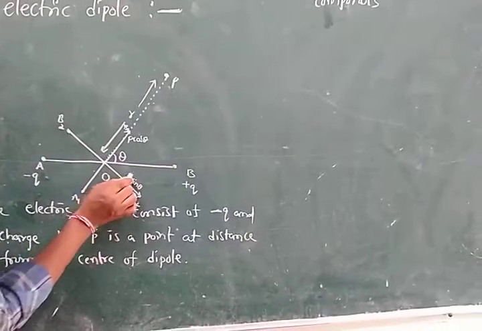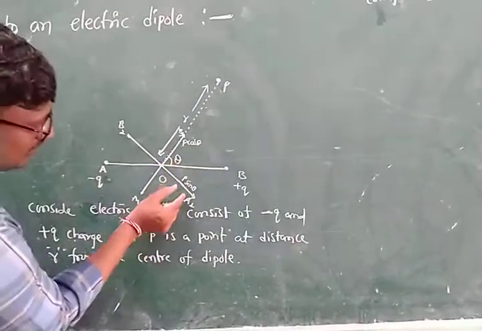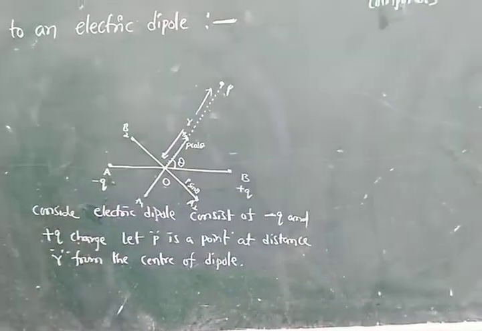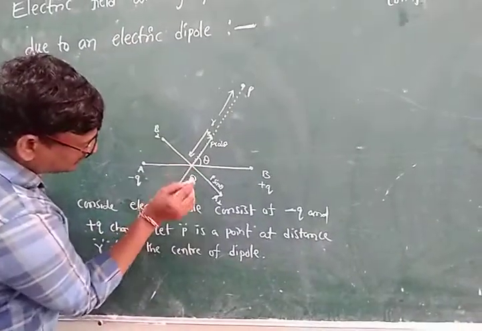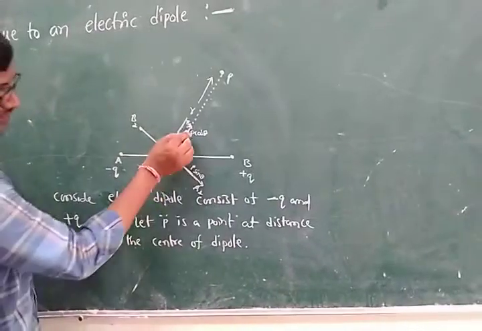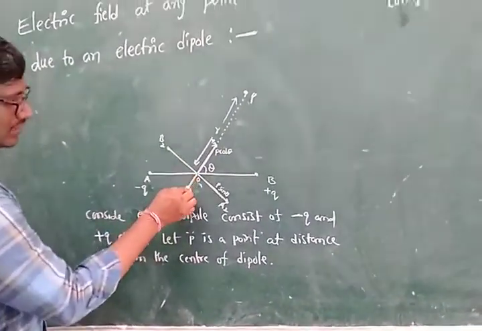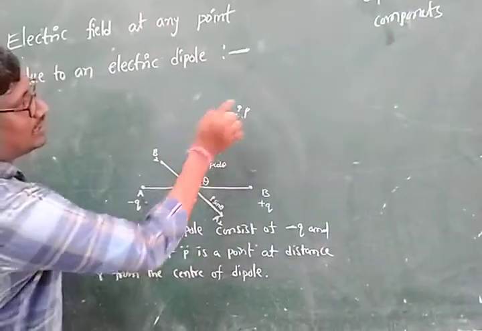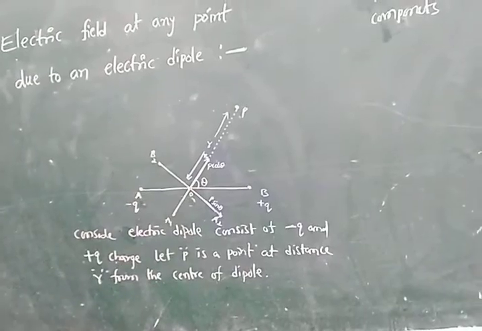As we already know, the horizontal component is taken as cos theta and the vertical component as sin theta. The horizontal component is along the line OP and the perpendicular one is the vertical component.